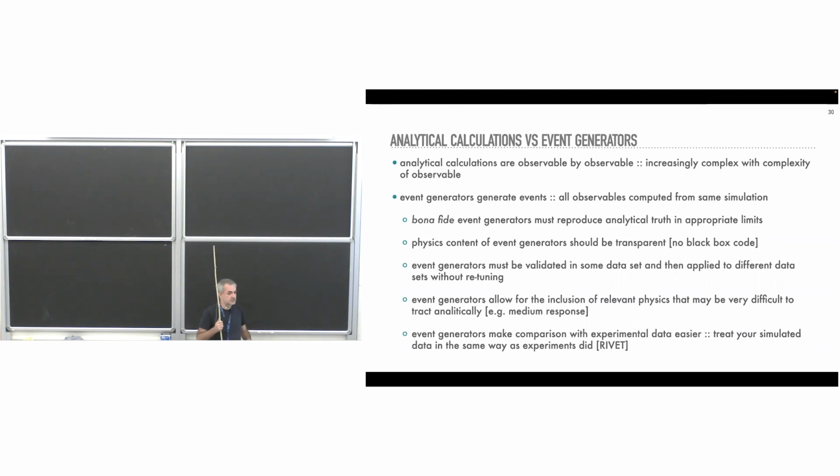So in principle you calculate all observables. Sometimes people say, oh, so the event generator is a bit of giving up, right? I'm not going to do the real calculation. Any decent event generator really must reproduce the analytical truth in the limits where that analytical truth makes sense. Otherwise it's just a glorified random number generator, which can also work.